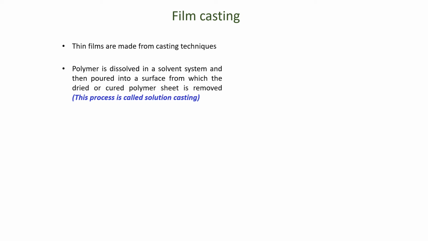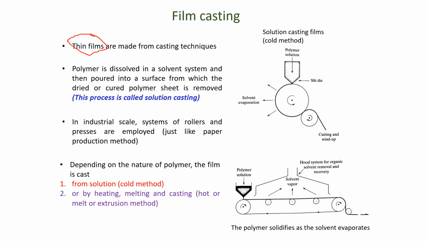Film casting makes thin films, so it is relevant to the plastic garbage bag we talked about just now. How is film casting done? Let's say we have the polymer in solution form and we have several rollers to make a thin film.